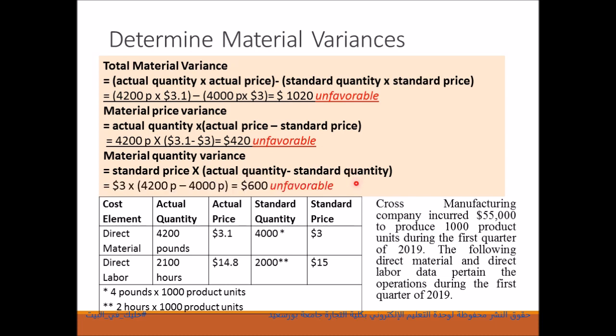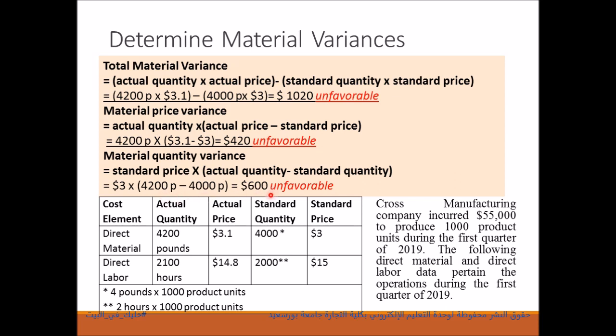standard quantities. Actual quantity of raw material used to produce the 1000 product units is 4,200 pounds, and the standard quantity that should have been used to produce such a production volume is 4,000 pounds. So the actual quantity of raw material is higher than the standard quantity that should have been used by 200 pounds.